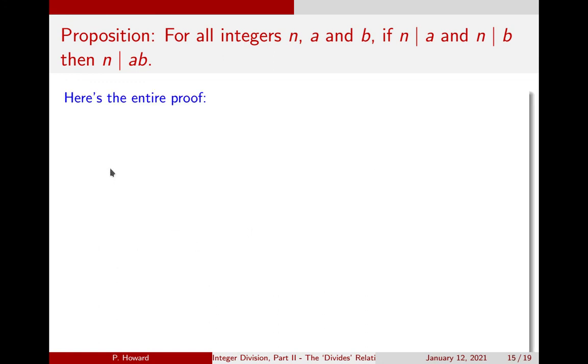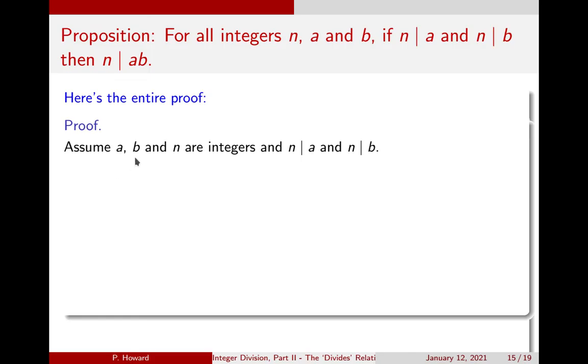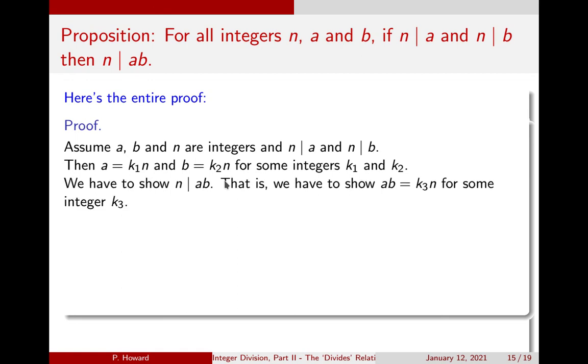So here is the entire proof. The first part we've seen: assume a, b, and n are integers, and that n divides a and n divides b. Then a is k1 times n and b is k2 times n for some integers k1 and k2. We have to show that n divides a times b.